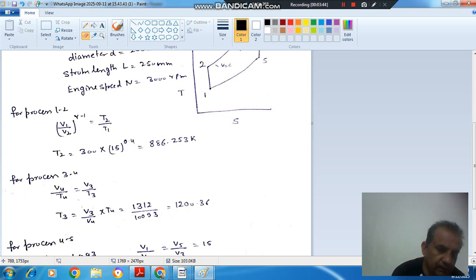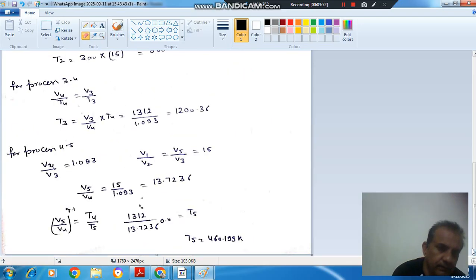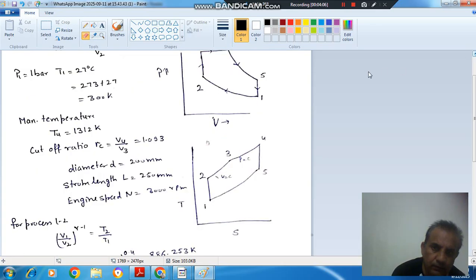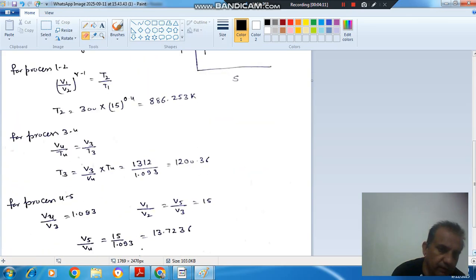Now process 4, 5 is your isentropic process. This 4, 5 is isentropic expansion, and V4 by V3 is known, that is given 1.093, and V1 by V2 is also given, that is the compression ratio 15. From this, V1 is equal to V5, because 5, 1 is your constant volume process, and V2 is equal to V3, because 2, 3 is your constant volume process. So V5 by V3 is also equal to 15.